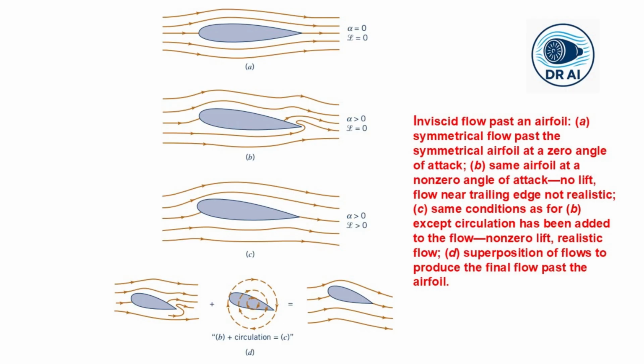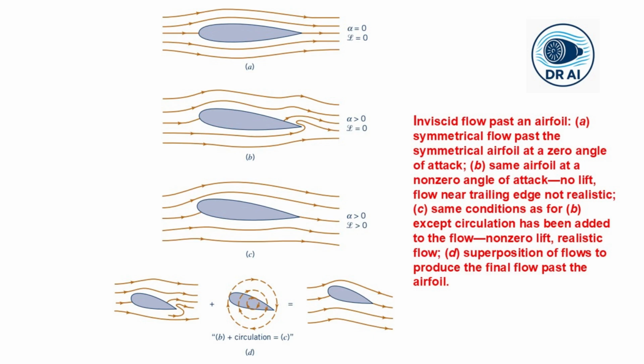Now, adding clockwise circulation increases velocity on the upper surface where the circulation adds to the flow and decreases the velocity on the lower surface where it opposes the flow. So, from the Bernoulli equation, higher velocity means lower pressure at the top, lower velocity means higher pressure on the bottom, exactly the pressure distribution that produces lift.